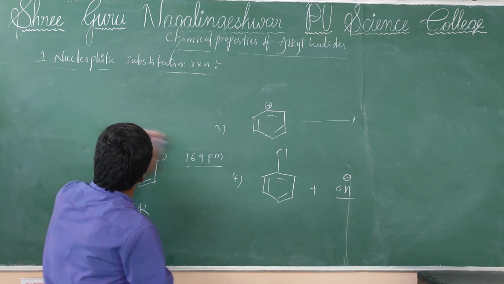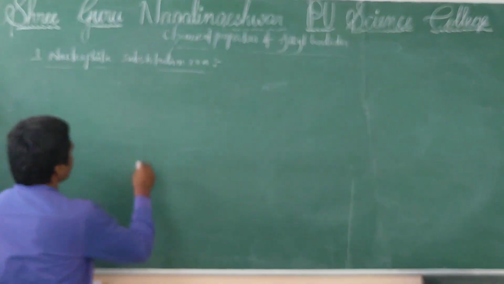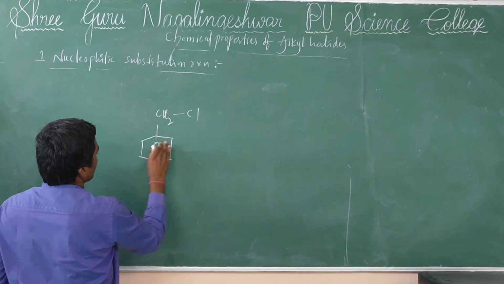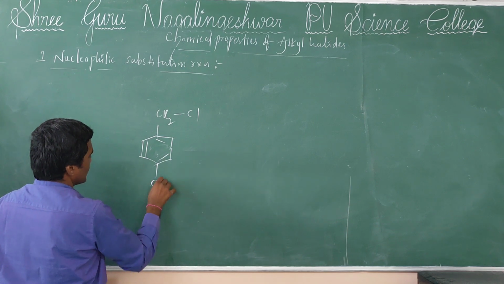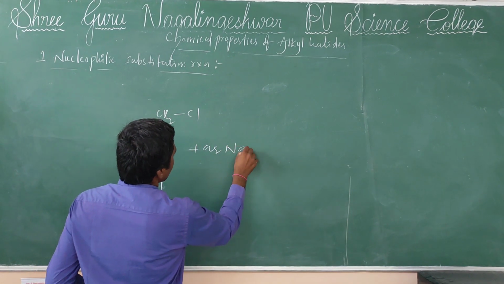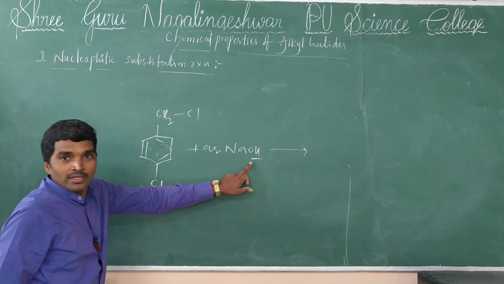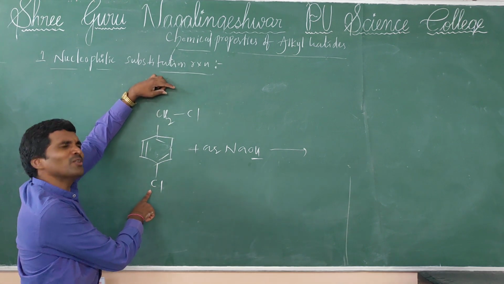The question is, aqueous NaOH. Now tell me, aqueous NaOH substitutes this first chlorine or this chlorine. You guess, you know the answer.